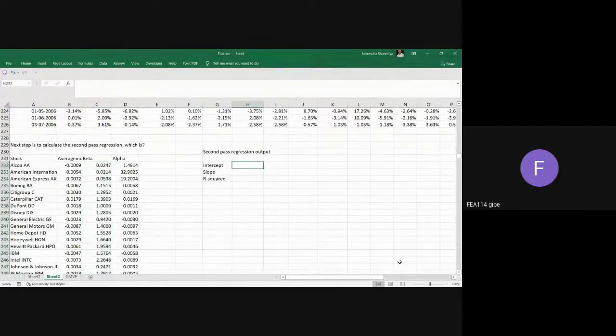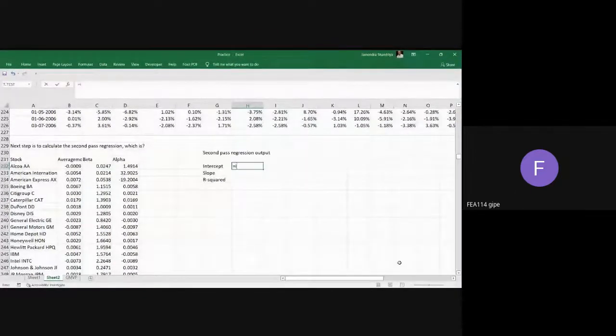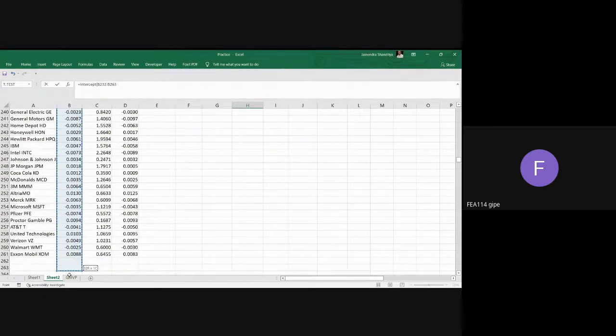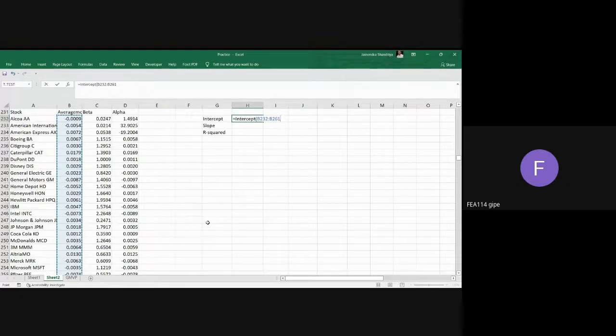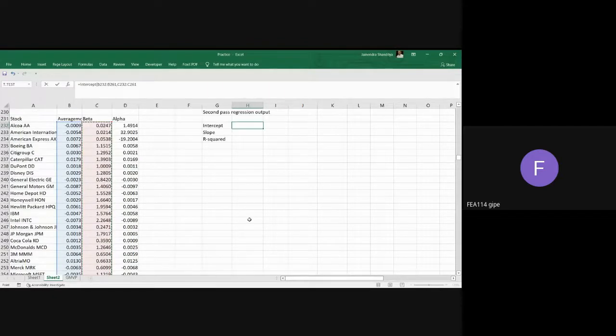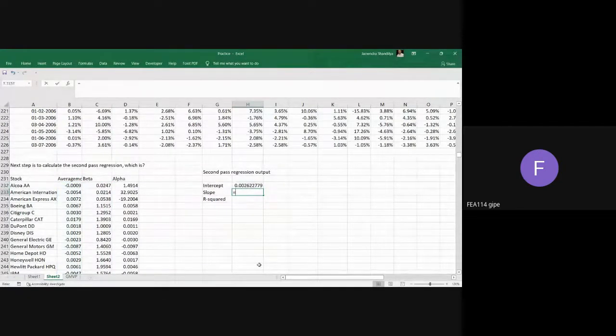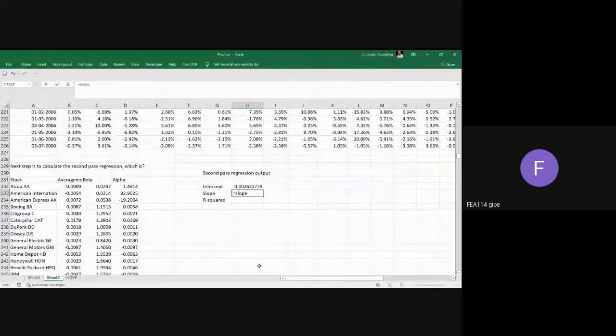So for the second regression, we require the intercept, which is the beta. We got the intercept, and then similarly we have to use the slope function to calculate the slope.